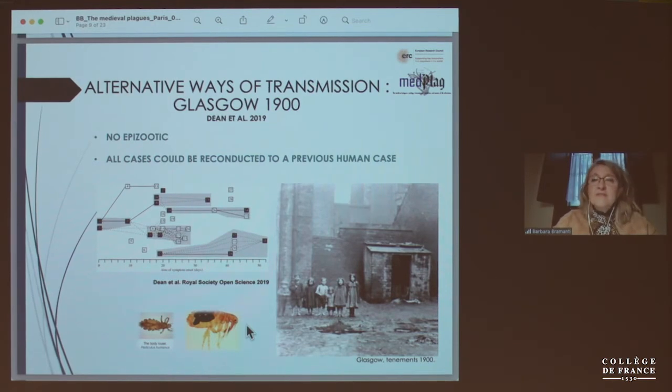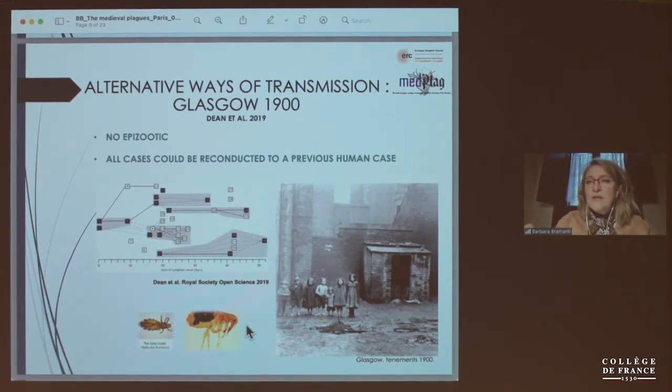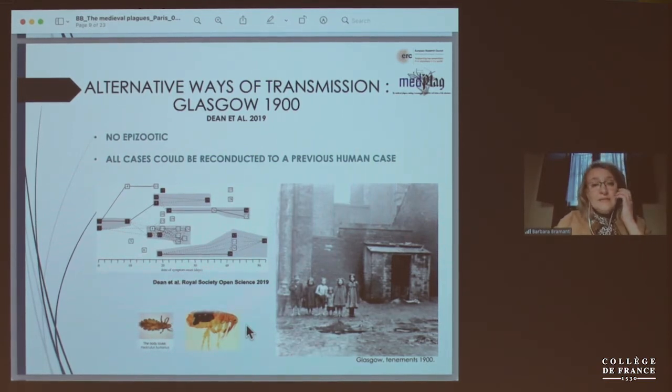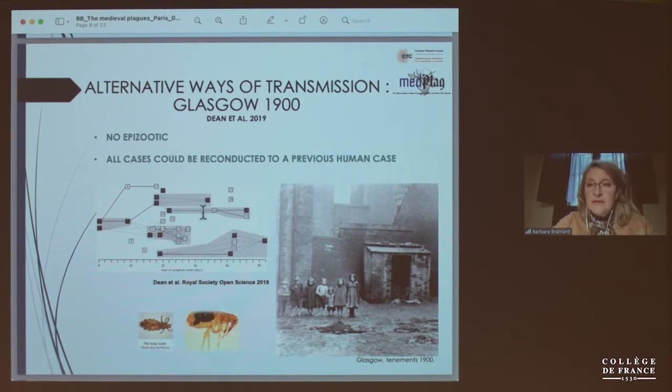And we have, for instance, analyzed a case of plague transmission. If I remember well, there were about 30 cases in Glasgow, at the beginning of last century. What is interesting, also in this case, is that there was no epizootic recorded, and all cases could be traced back to a previous human case, so that we could reconstruct a sort of phylogenetic tree of the contagion.